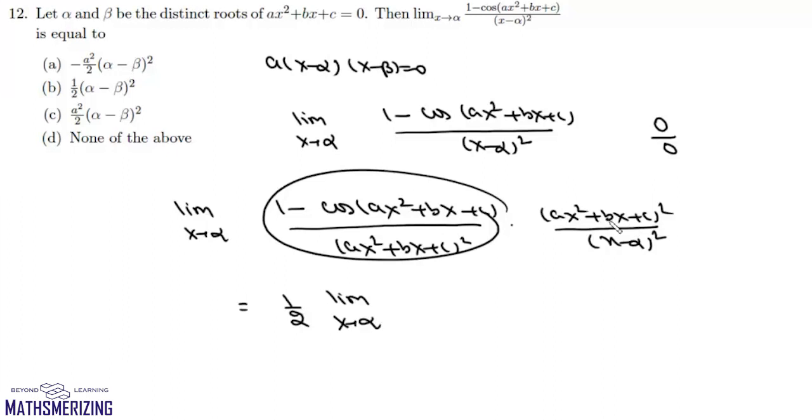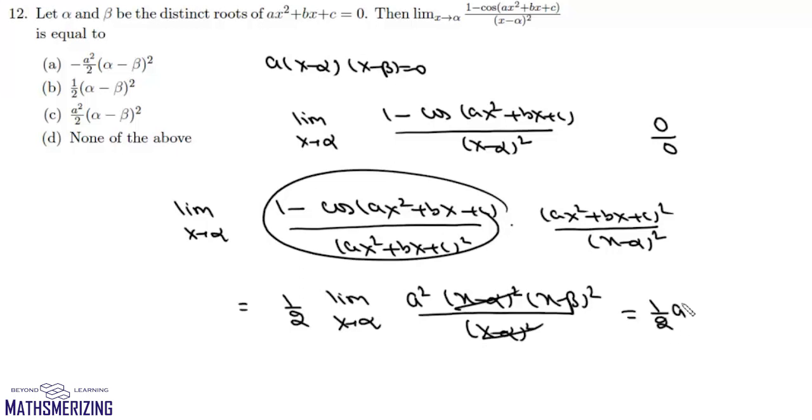Now we'll write this equation as a into (x minus alpha) into (x minus beta). So it will be a square (x minus alpha) square into (x minus beta) square upon (x minus alpha) square. Now this (x minus alpha) will cancel, so we'll get this limit as 1 by 2 a square into (alpha minus beta) whole square, and that's your option C.